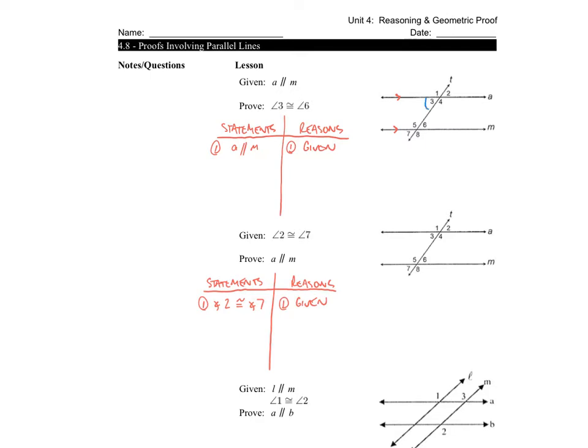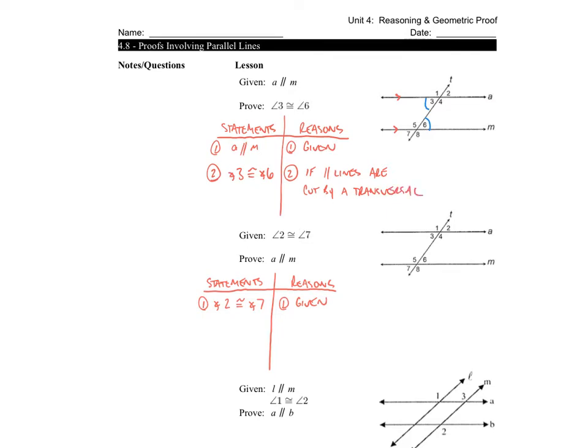So I'm trying to prove that angle 3 and angle 6 are congruent, and that's great news because I can already make that claim. I can say that angle 3 is congruent to angle 6 because I have parallel lines, and I can classify those 2 angles as alternate interior angles. So if parallel lines are cut by a transversal, and that's what we've got here, right?